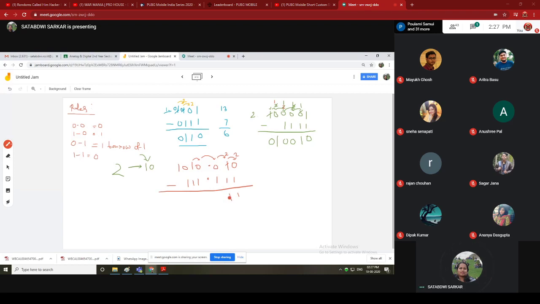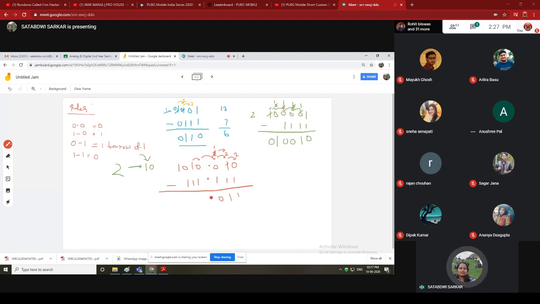Okay. Now here the value is 1. At present it is 1, because already its value was 2, but we have borrowed 1 here. So now at present the value is 1. So 1 minus 1 is 0.